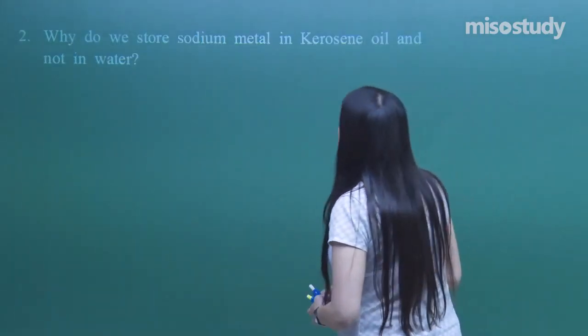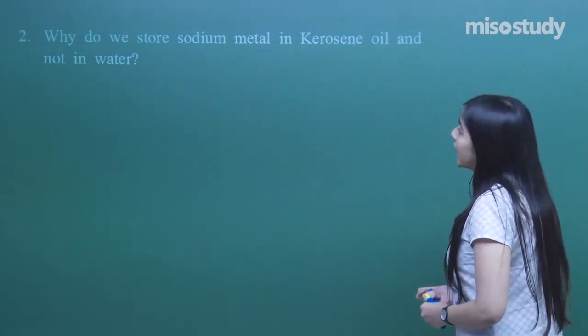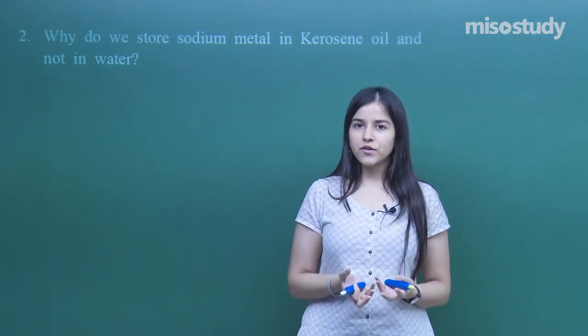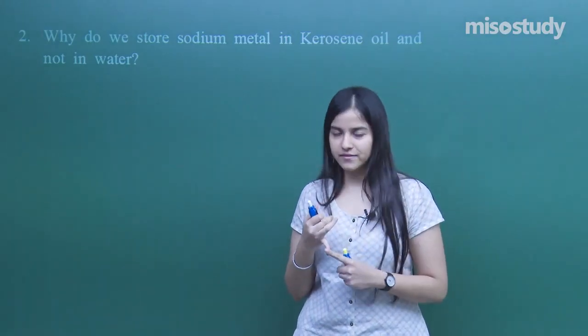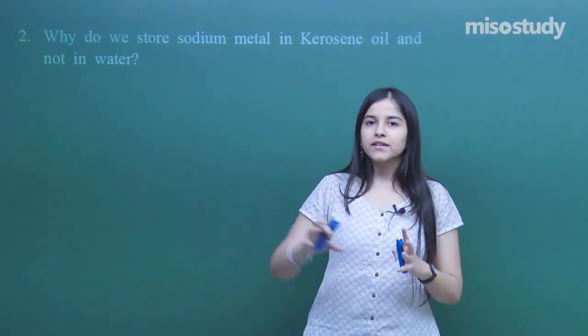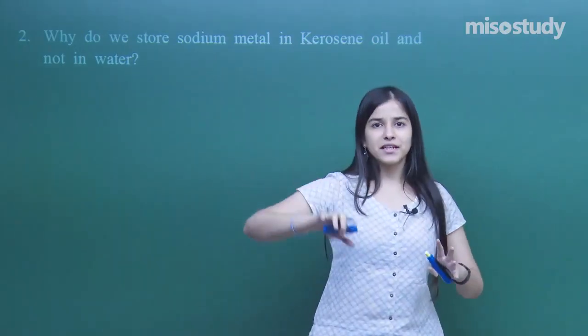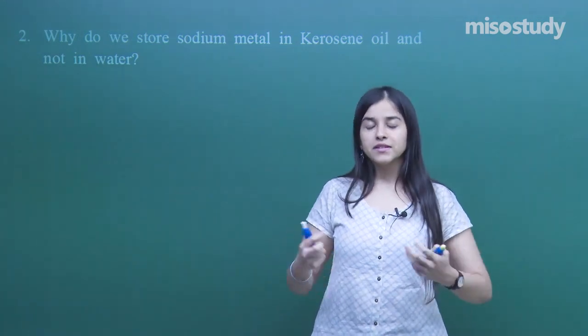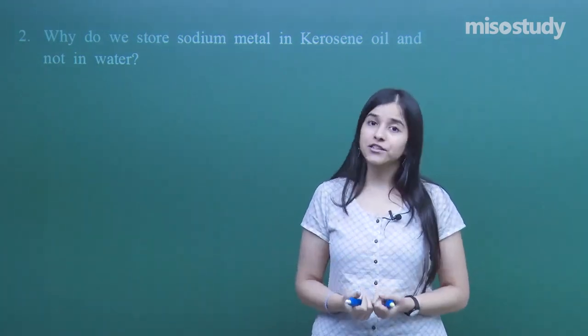What do we have in the next question? Why do we store sodium metal in kerosene oil and not in water? In order to cut the supply of air and water, both. What happens to sodium metal whenever it reacts with water? Explosions. It will catch fire.